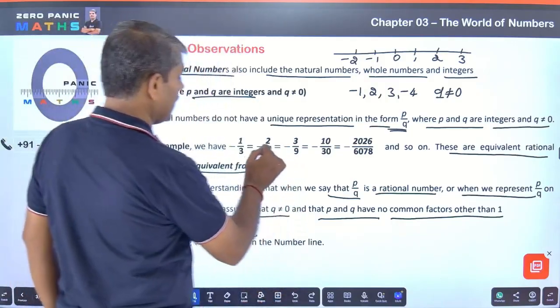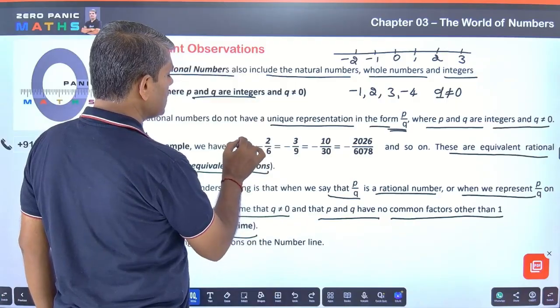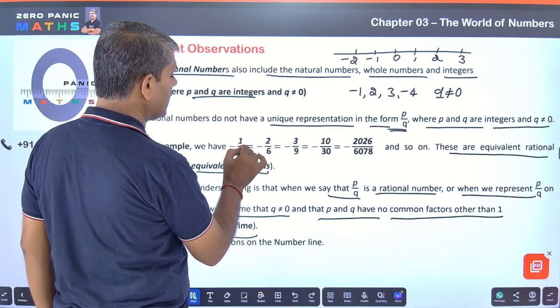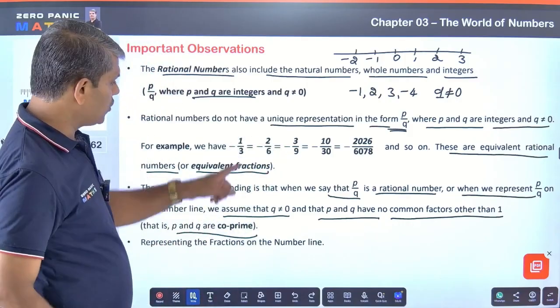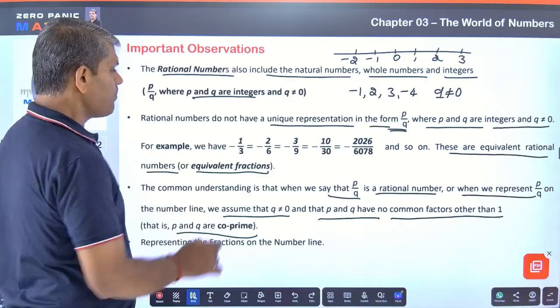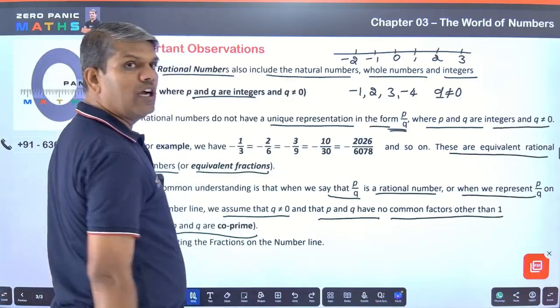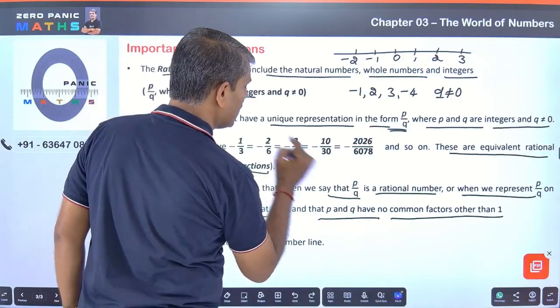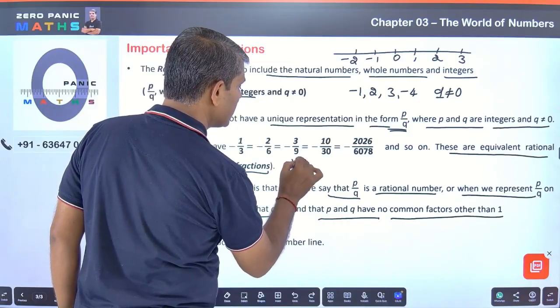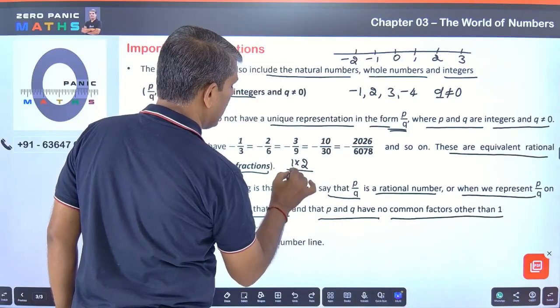Suppose we take this example only. When I say a fraction 1 by 3, which is equal to 2 by 6 only, here 2 by 6 is also equivalent to 1 by 3, because 2 and 6 are not co-primes, because there is one common number between 2 and 6, and that is 2. And what is that 2?